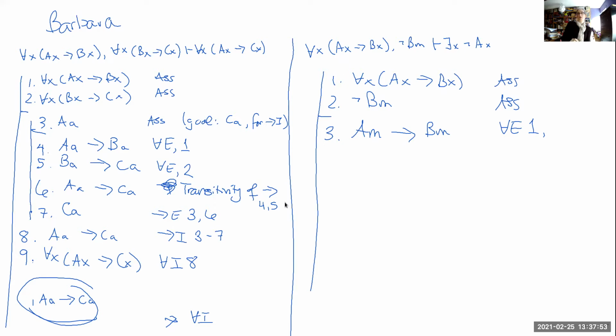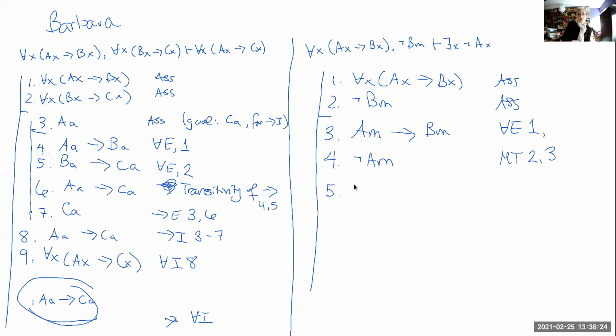And we want to be able to get not A something so that we can do existential introduction on it. But looking at what we have here, we know that if M is A, then it is B. But we know that it's not B. By propositional reasoning, modus tollens on lines 2 and 3 tells us that it's not going to be A. So M is not B, therefore it is not A.